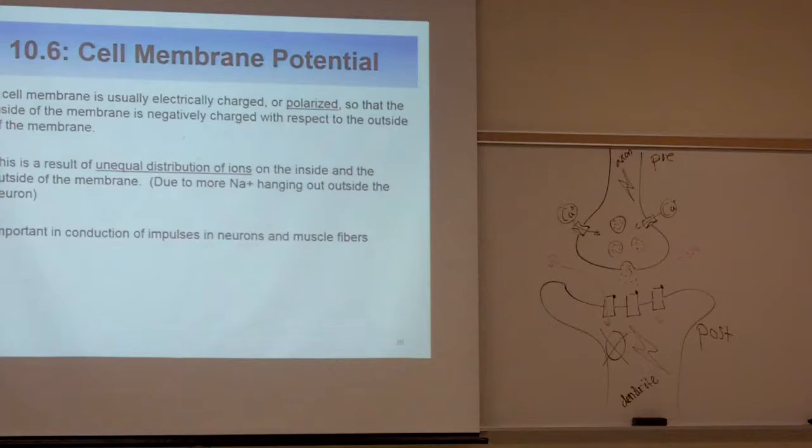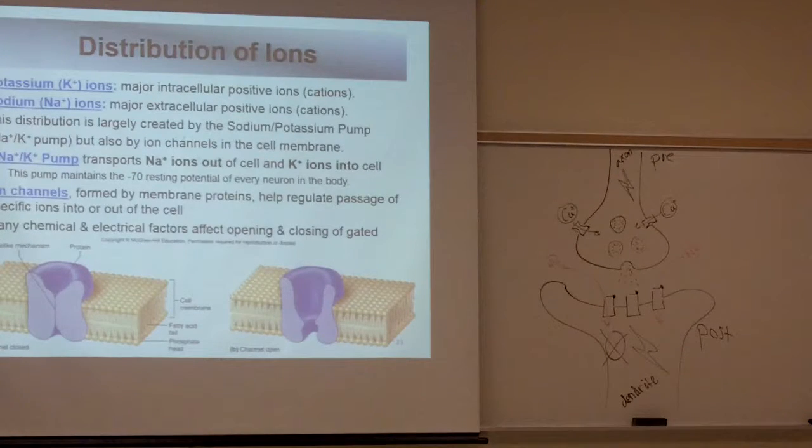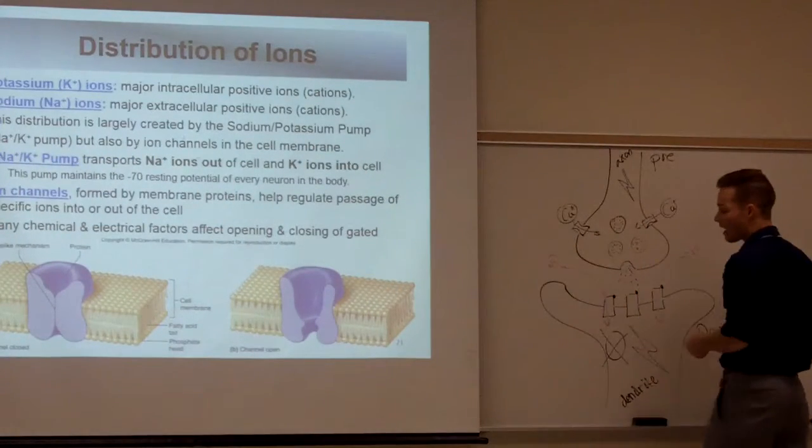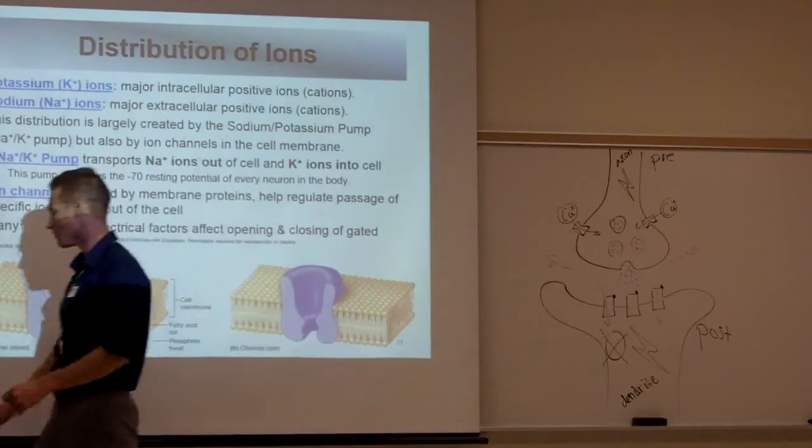So if you've got a positively charged ion and you push a bunch of it out of the neuron, the outside of the cell is going to be much more positively charged than the inside. So that's going to cause an unequal charge, meaning the inside of the neuron is going to be at negative 70 millivolts. That is the resting potential of a neuron. So maybe somewhere in Learn Smart last night, it asked you about the resting potential of a neuron: negative 70. That's your magic number. So neurons at rest are at negative 70 millivolts.